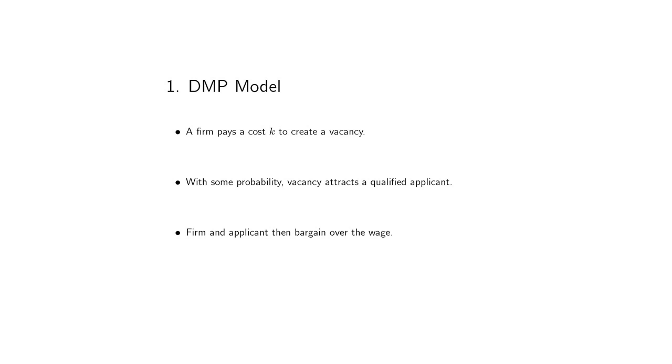It's the cost of thinking about what this worker is going to be doing for the firm, formulating the tasks, formulating the committee to think about who that worker is going to be, et cetera. Once you create the vacancy as a firm, there's some probability of attracting a qualified applicant. Once you attract that qualified applicant, the firm and the applicant then bargain over the wage.